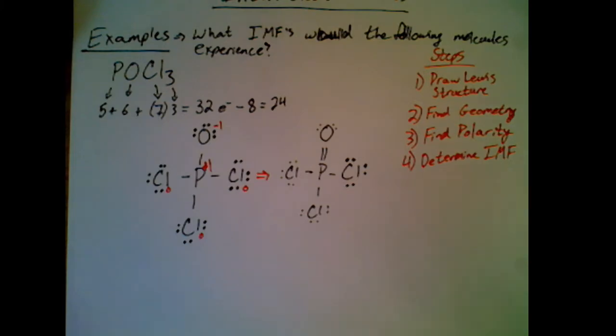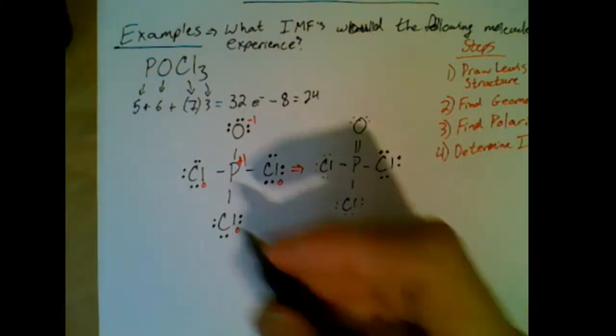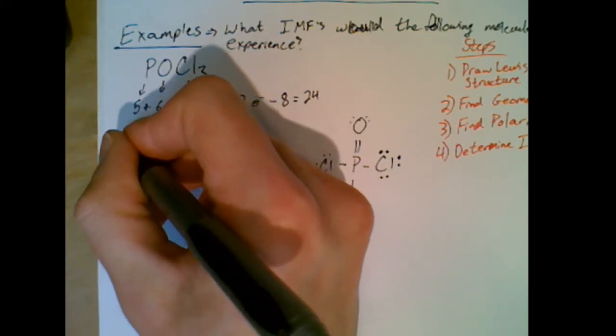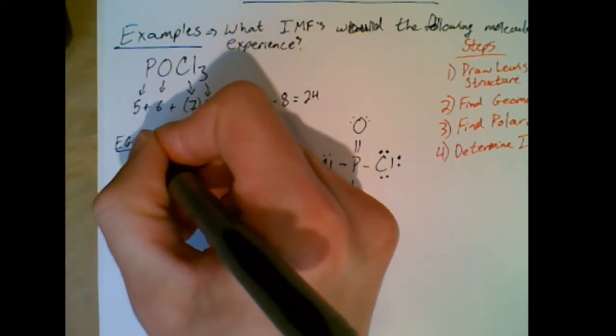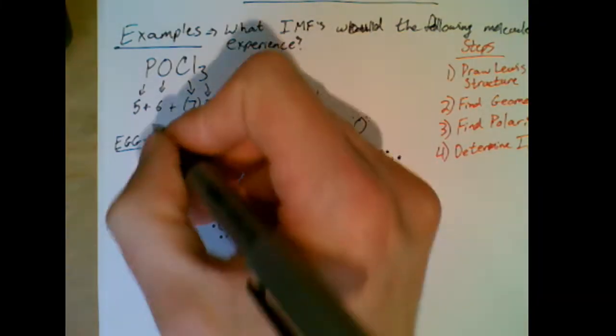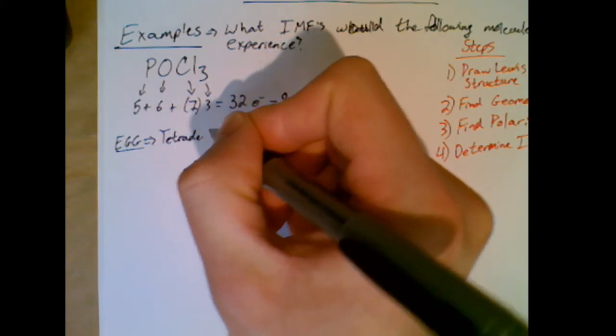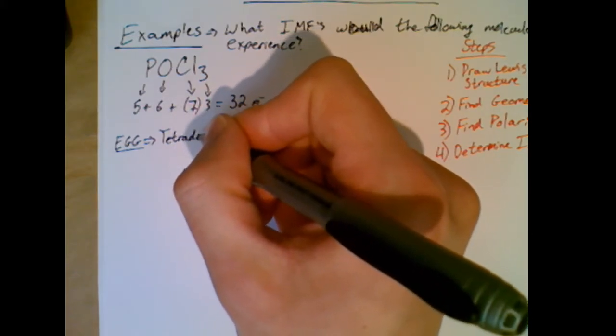And then we need to figure out the geometry. Remember, the electron group geometry is just how many groups surround the central atom. There are 4 groups that surround it, so that makes it tetrahedral.